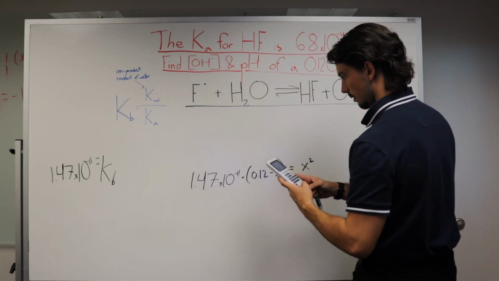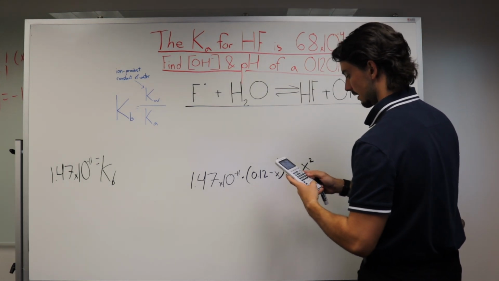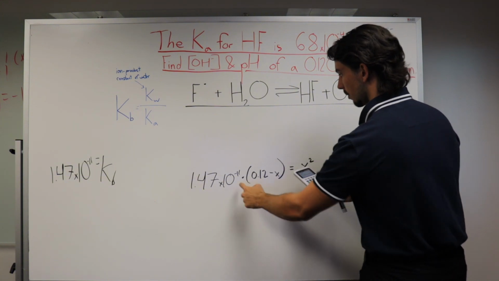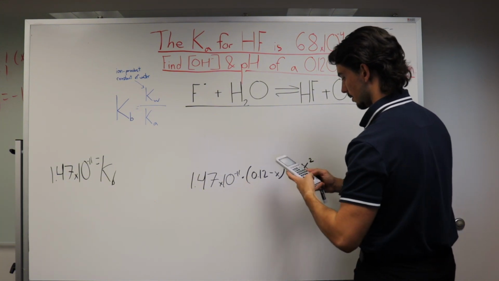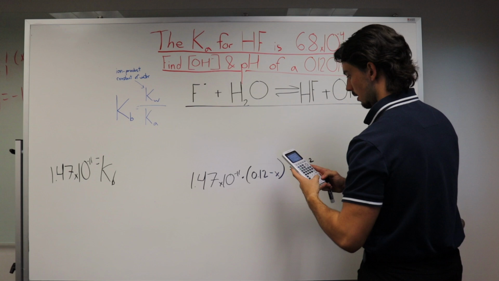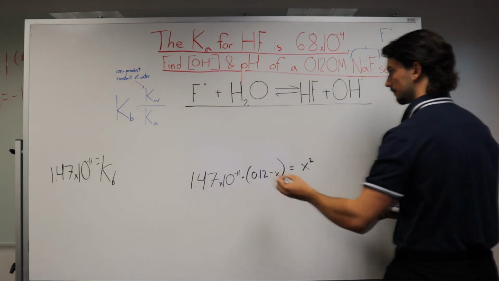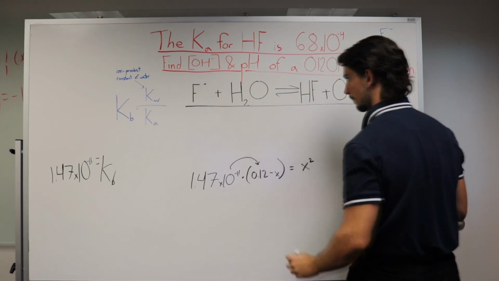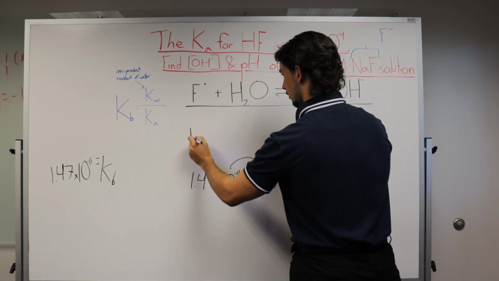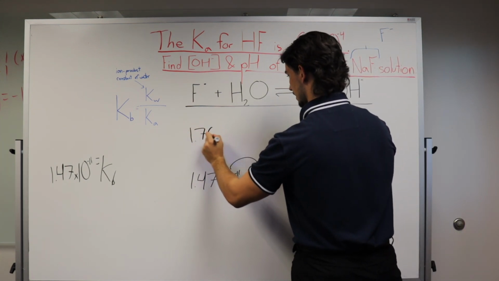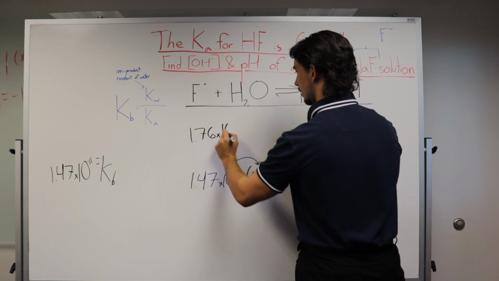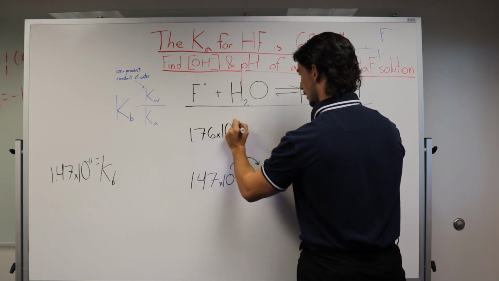So if we take 1.47 times 10 to the negative 11, we multiply it first by 0.12, and we'll get 1.76 times 10 to the negative 12.